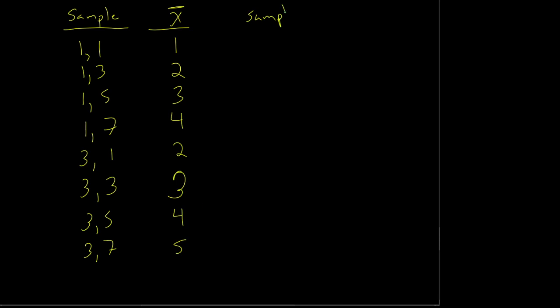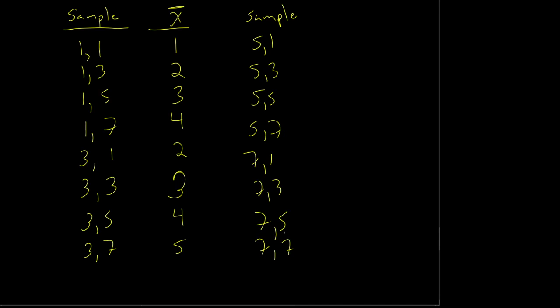Now notice I'll need 2 columns here, because I could also draw a 5 and a 1, a 5 and a 3, 5 and a 5, a 5 and a 7, a 7 and a 1, a 7 and a 3, a 7 and a 5, and a 7 and a 7. And the averages that those particular experiments would get would be 3, 4, 5, 6, 4, 5, 6, 7.